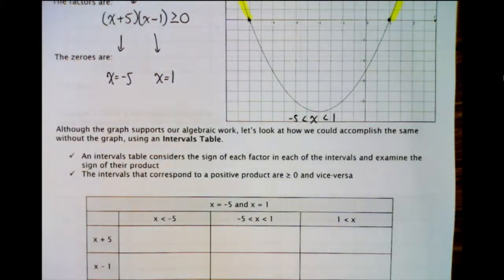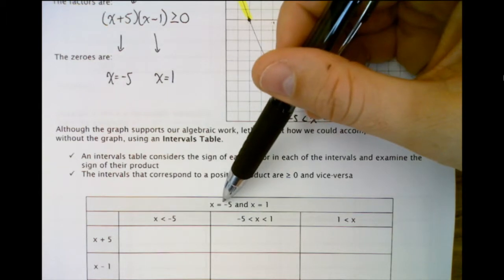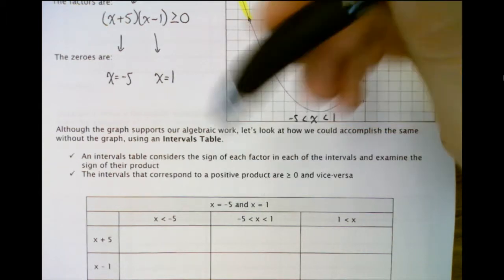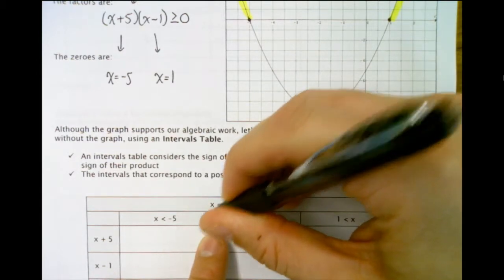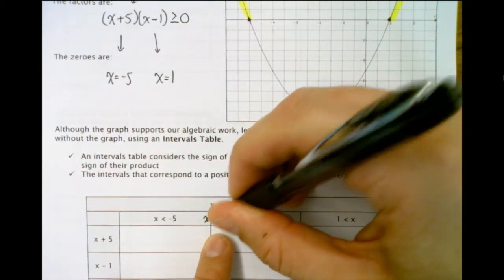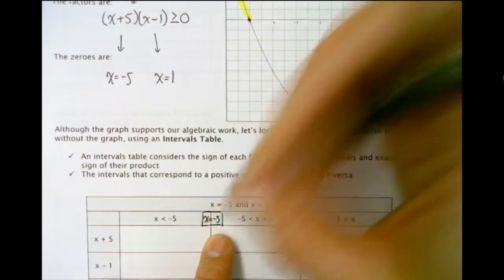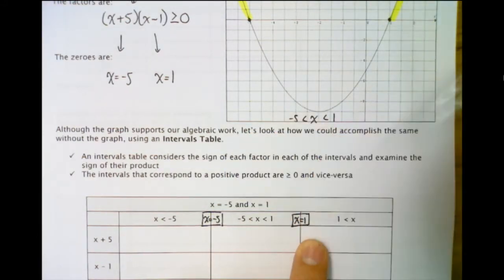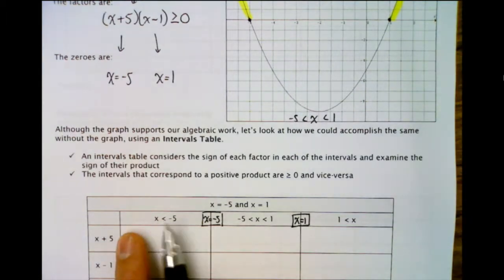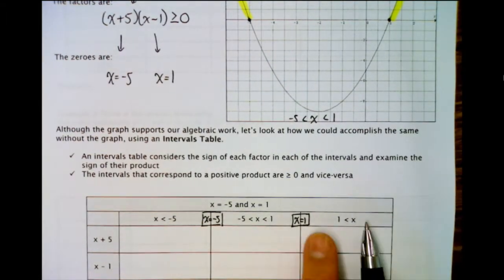So we set up an interval table like this. At the top, you write what your x-intercepts are, or your roots, negative 5 and 1, and you create intervals around them. So if we put our first root right here, negative 5, and our second root right here, 1, you can create three intervals, one to the left, one between, and one to the right.